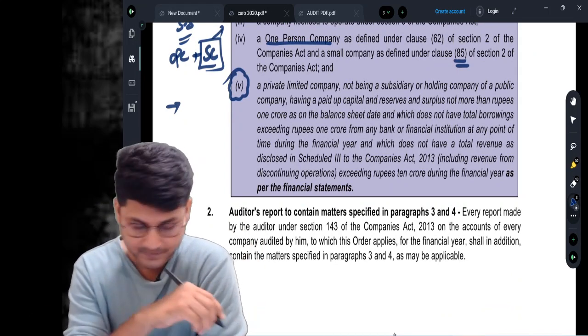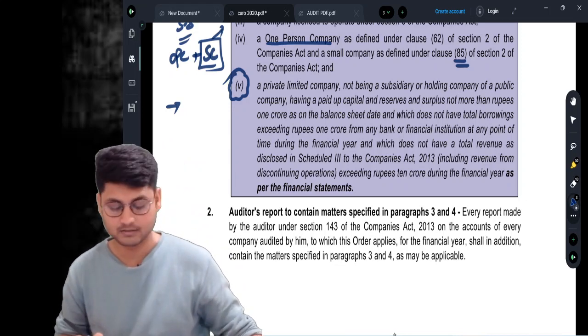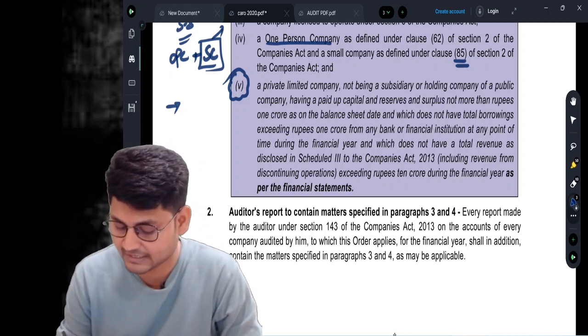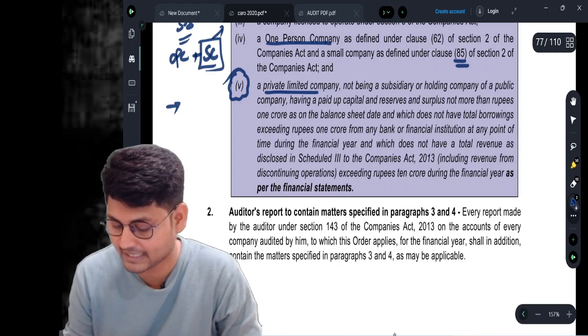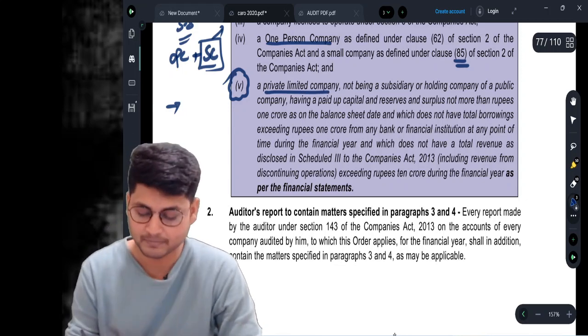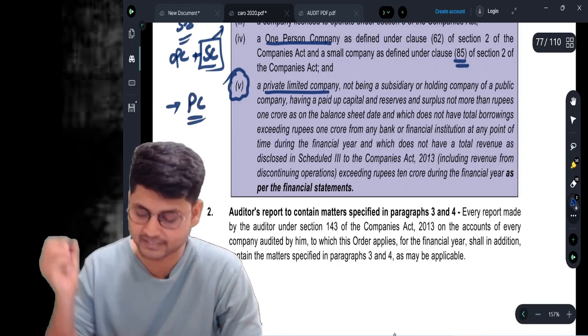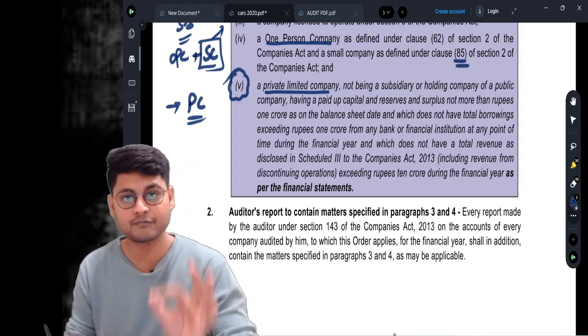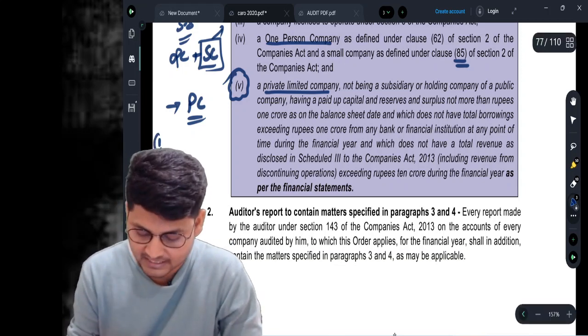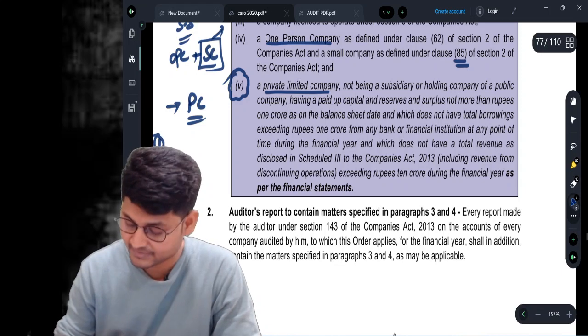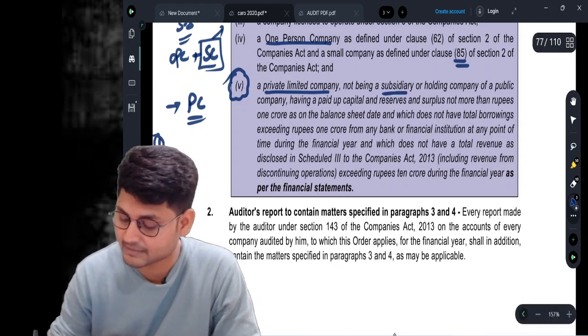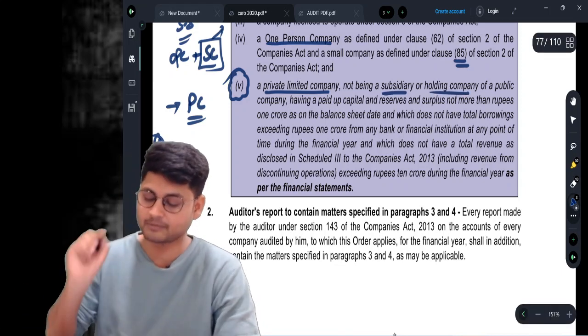Done. So this CARO 2020 is not applicable for a private limited company, for a private company. However, the following conditions must be satisfied. Condition number 1: it shall not be a subsidiary or a holding company of a public company.